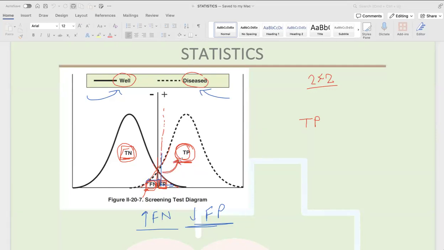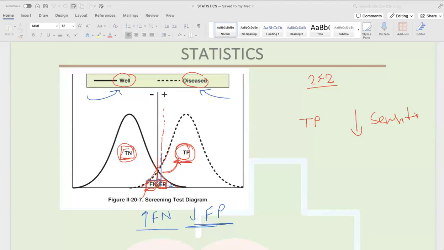That's why false negativity is increasing. So when we increase the cutoff point, we increase the false negativity of a test. False negative means the test is not able to find the diseased people, and when a test is not able to find the diseased people, it is not sensitive enough. So we have reduced the sensitivity by increasing the cutoff point.